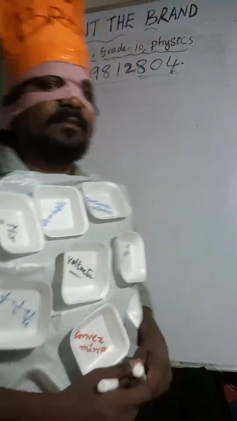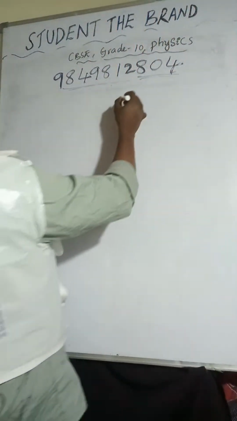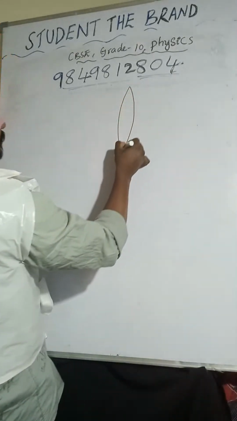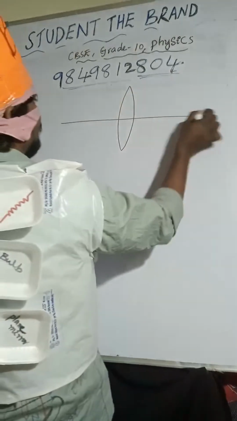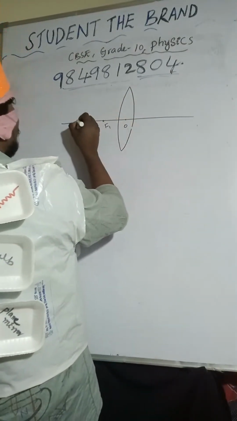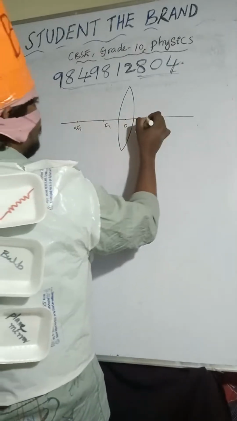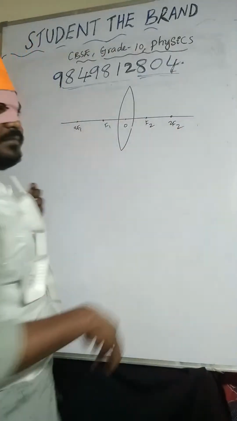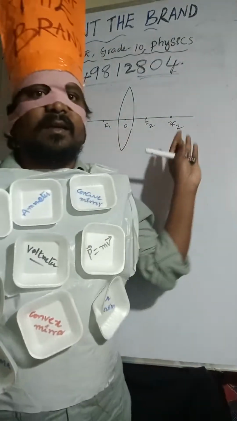Convex lens. Optic center, F1, 2F1, F2, 2F2. F1 to F1, F2 to F2.